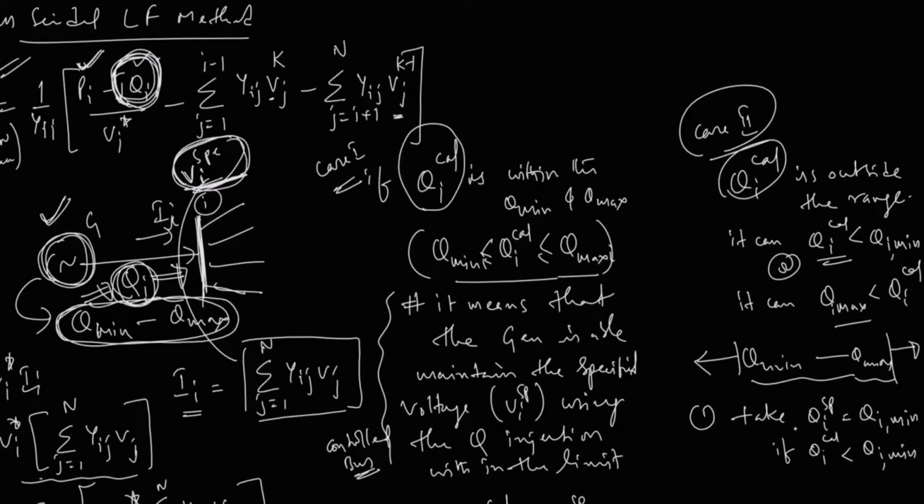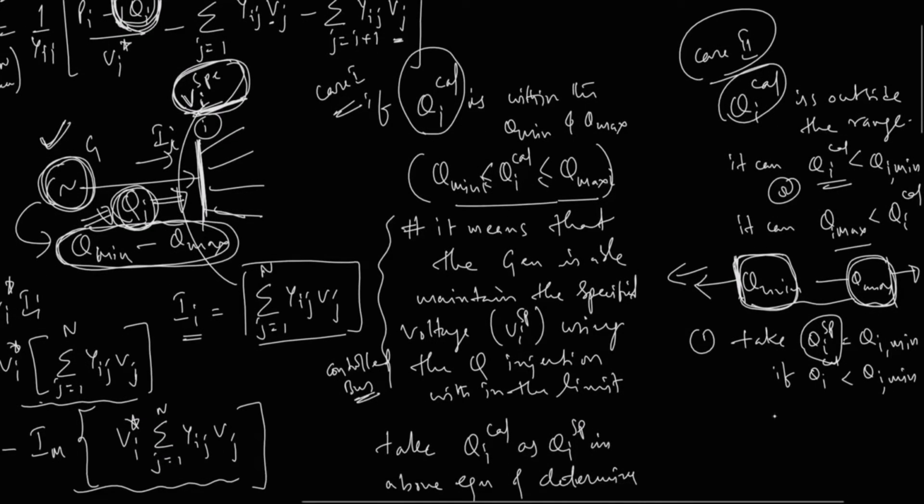Are you following? So I'm not going to take the calculated Qi value, but I restrict it to Qi minimum. If it is going below this one, I take the specified quantity as Qi minimum. Right? Now if it is going above the Qi maximum, then I restrict this Qi specified to Qi maximum.